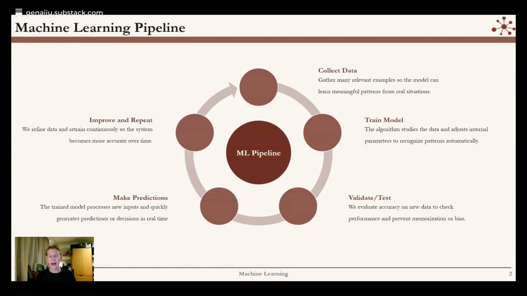Then you validate and test your accuracy, and you need to give new data, which is key, not your old data. If your model works with new data that it's never seen before, that's good, and it's able to start making predictions. That trained model is able to process these new inputs and start generating decisions in real time. Then you can iterate, improve and repeat, so your model becomes better over time.